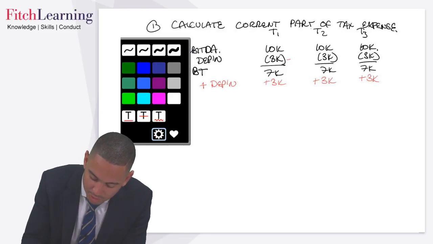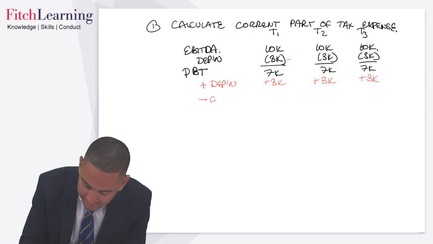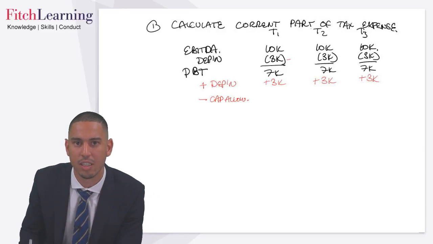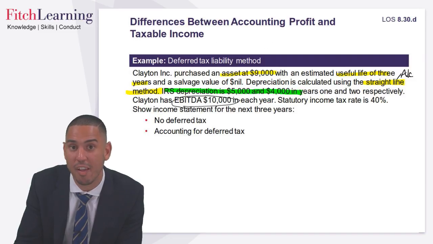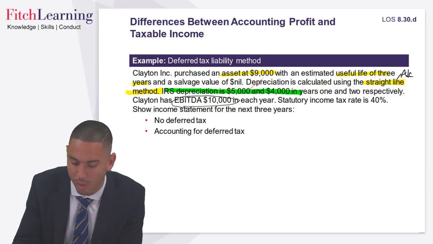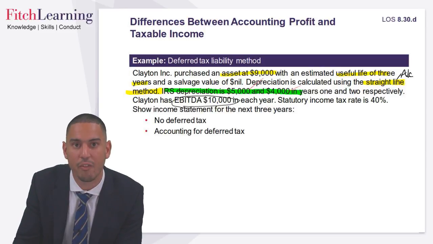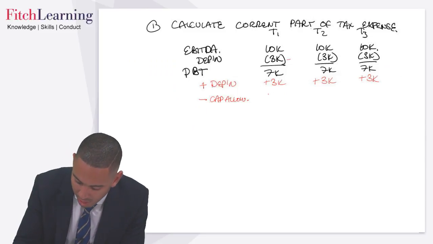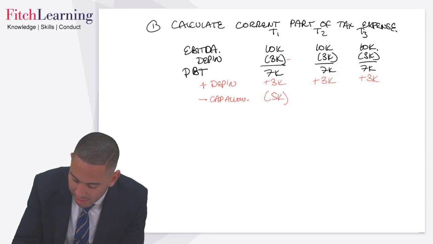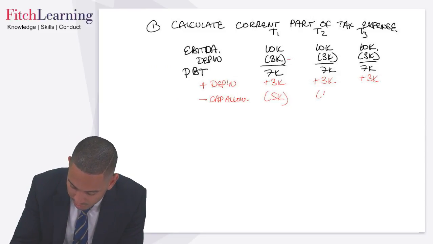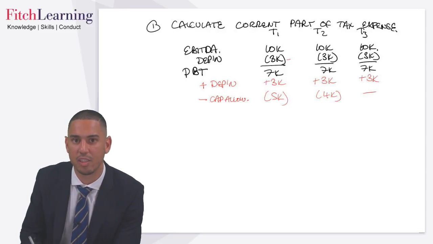Because instead of depreciation, what I get instead is a capital allowance for depreciation. And the tax man has said very kindly, I get to take away 5k in the first year and 4k in the second year. So I'm going to take out instead 5k in the first year, 4k in the second year, then my asset's fully depreciated.